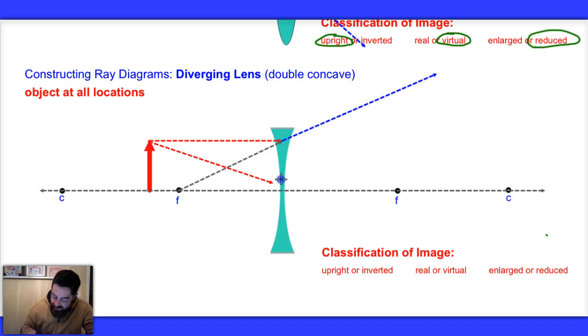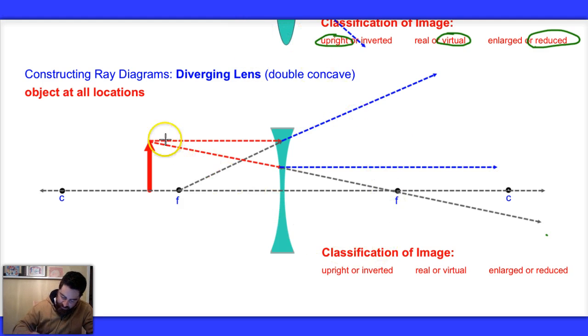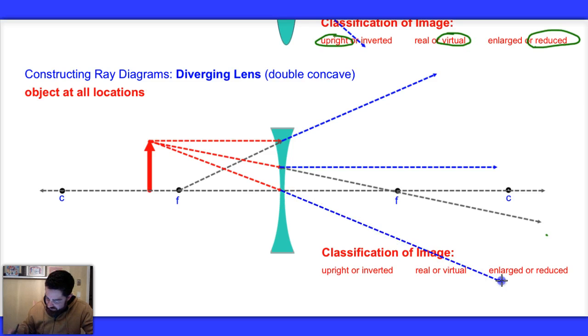Now I have a second ray that would have passed through this focal point here. I'm going to go ahead and show that again with a construction line, seeing that would have passed here through that focal point. And that ray refracts parallel to the principal axis. And then lastly, I have the ray that passes right through the center of the lens at the principal axis.